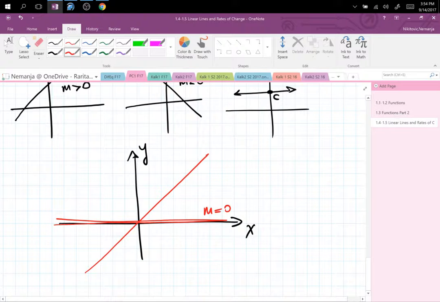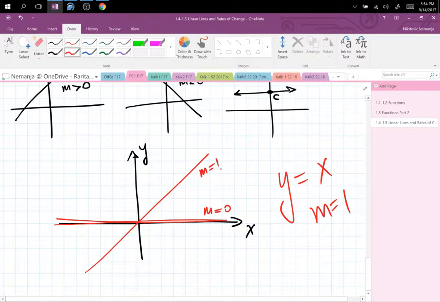For y equals x, what's the slope? What's the slope for the equation y equals x? 1. So look, m equals 0 is on the x-axis, and m equals 1 is here.